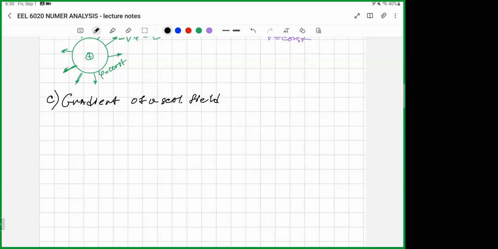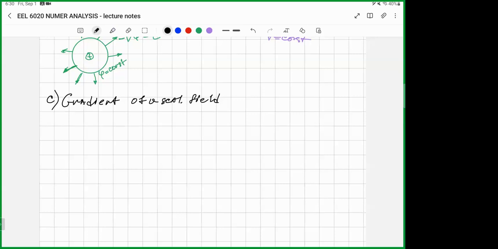Okay, so the field, of course, changes in space. It's a function of coordinate, and the rate of this change is also a function of the direction in space.